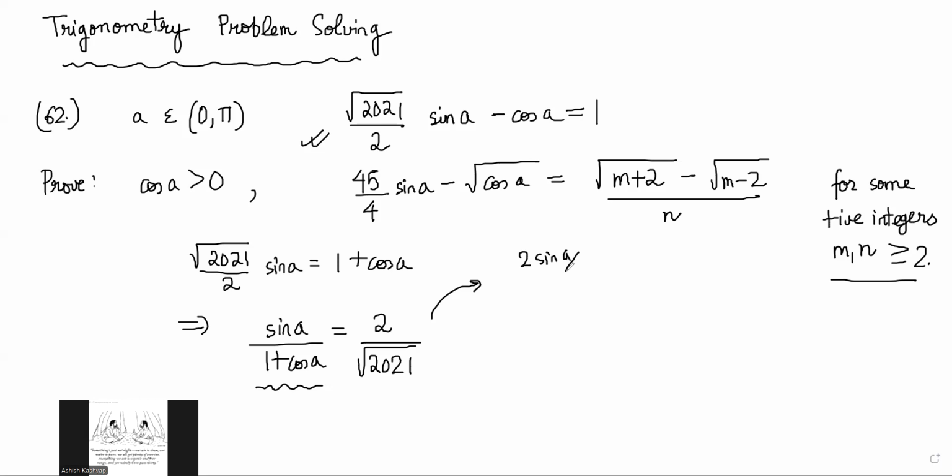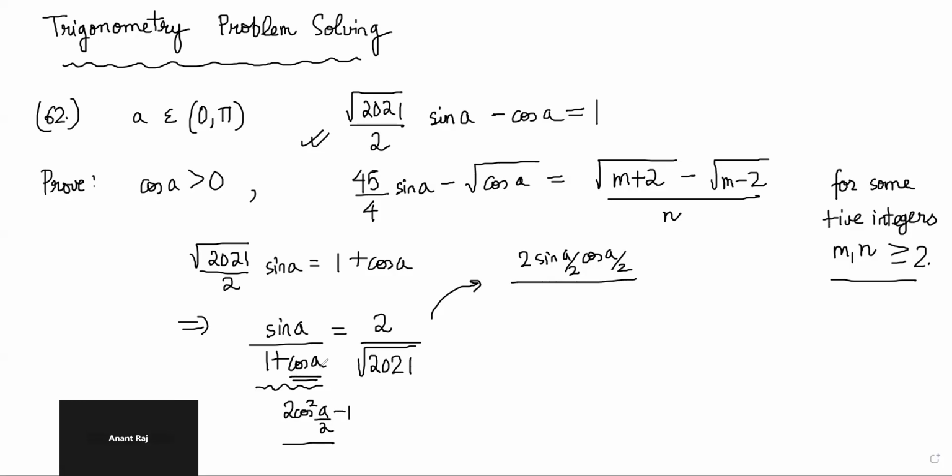You can write 2 sin A by 2 cos A by 2, and this can be written as 2 cos square A by 2 minus 1, right? So you will get denominator 2 cos square A by 2. So basically this expression becomes tan A by 2.